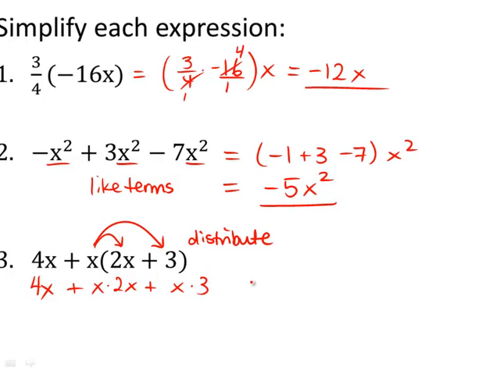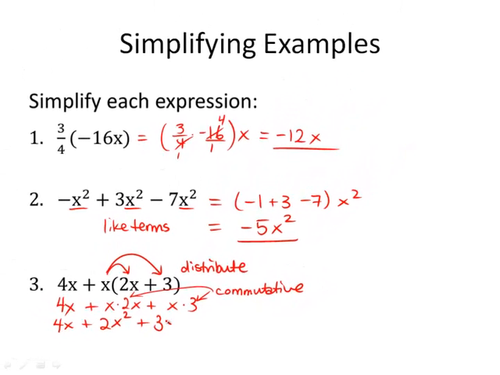Now within here, you'll notice you'll have to use a little bit of commutative property to rewrite this as 2x times x, which is actually x squared. I'll just write it as x squared plus 3x.